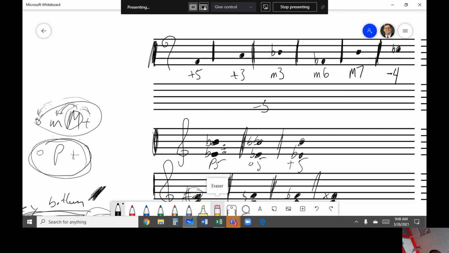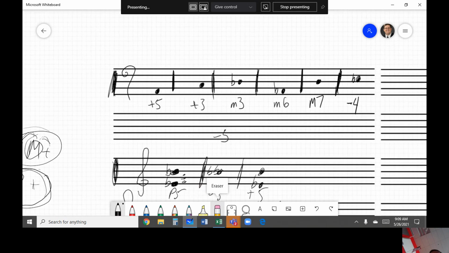All right, determine, please, these intervals. Push pause now.